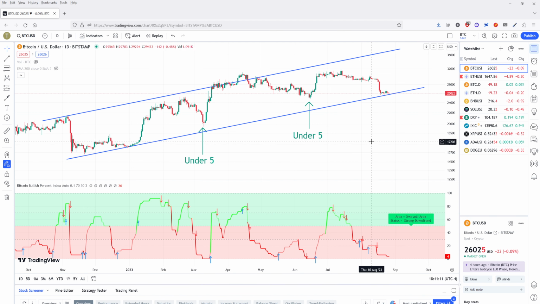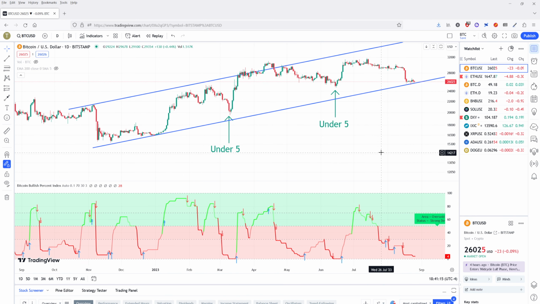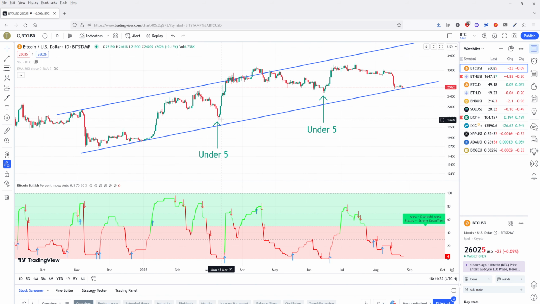Now, like I said, I've backtested this, and I've marked out here in the charts where it was previously under 5. We can see here that, going all the way back to November of 2022, each time it was under 5 was a fantastic buying opportunity for Bitcoin.